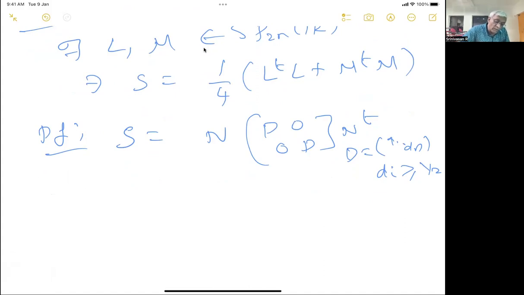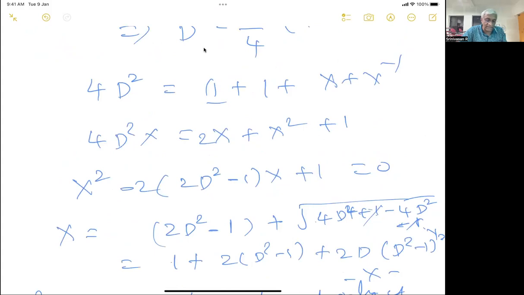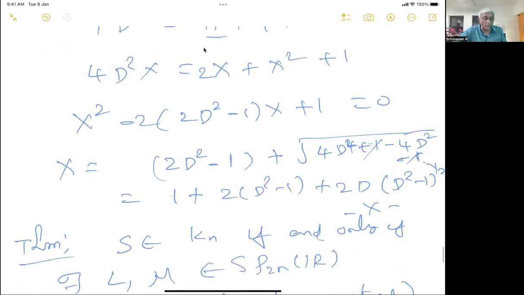Now we know that D is greater than or equal to half times identity, so 2D is greater than or equal to identity. We need that condition here because we are using D squared minus 1 and other things, and we have the square root of D squared minus 1, so it should be positive.